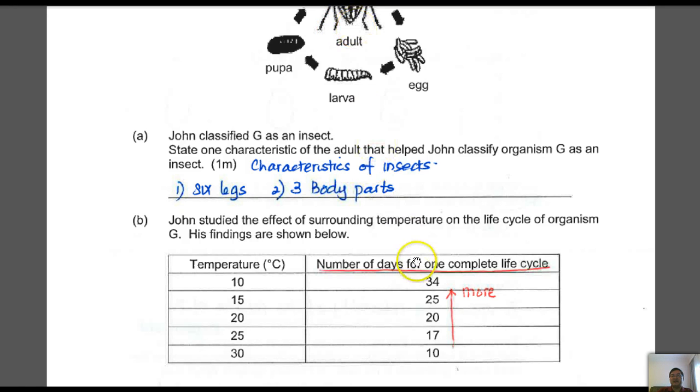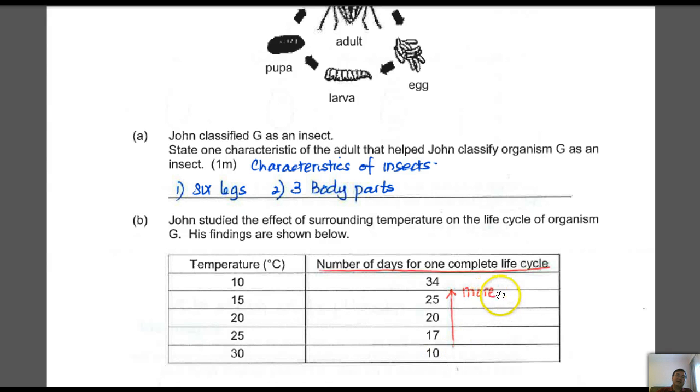It takes a longer time, and when it is at the optimum temperature, for example 30, it will take a shorter time. The lifespan is shorter. One complete cycle is shorter.